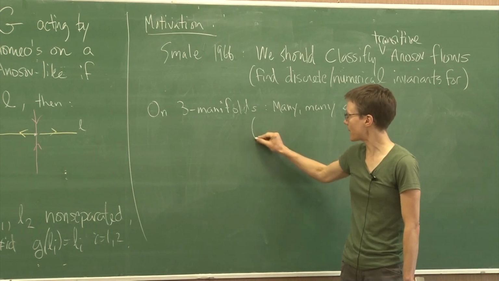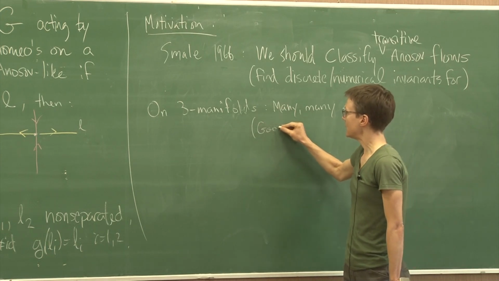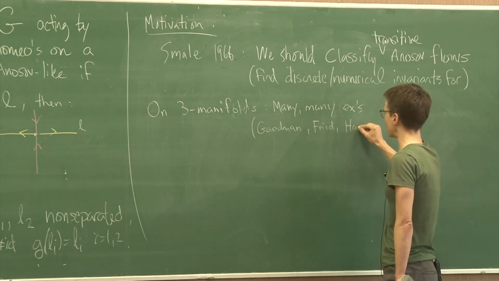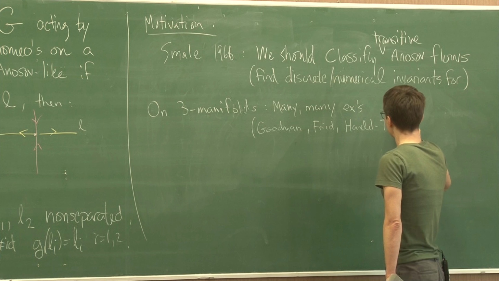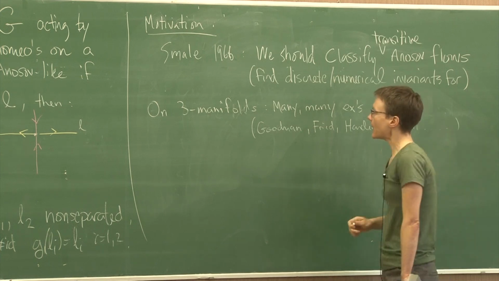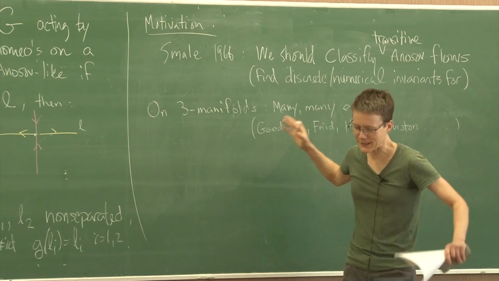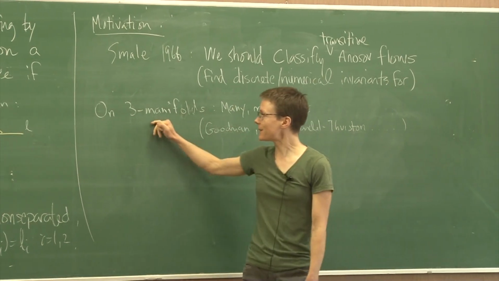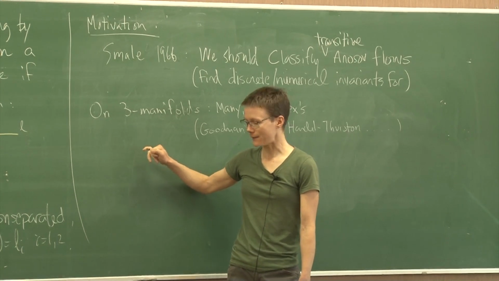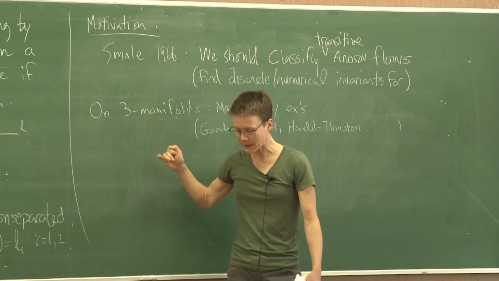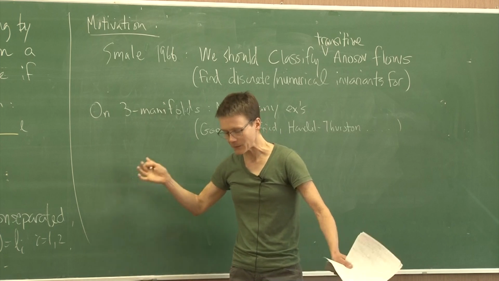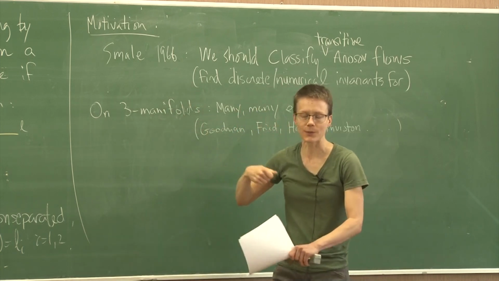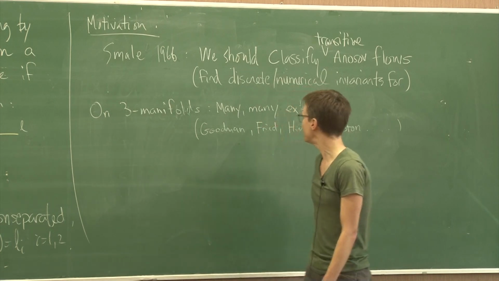This starts with work of Goodman, Sue Goodman, David Fried, and before that, even Handel and Thurston, and many, many others that developed technology to take one example, do a surgery construction, and produce another one. The state of the art is we have examples of 3-manifolds, even ones that are topologically not that complicated, that can admit arbitrarily many distinct Anosov flows, up to the natural notion of equivalence where you want to classify these.